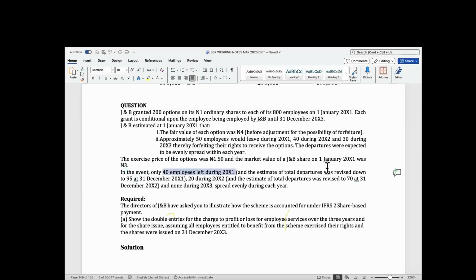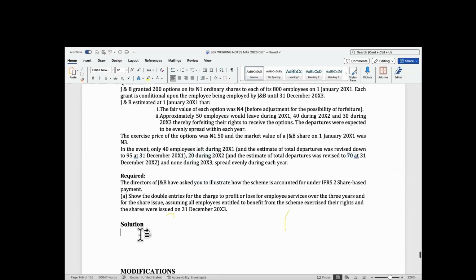And the estimate of total departure was revised down to 95 at 31st December 2001, which is different from the estimate they made here. So we go with this. 20 left during 2002, and total departure is revised to 70 at 2002 and none during 2003. So very easy question.